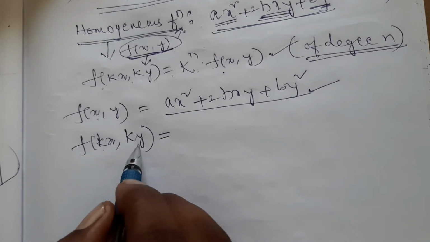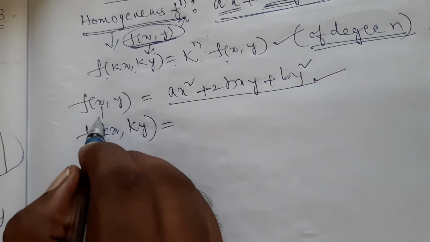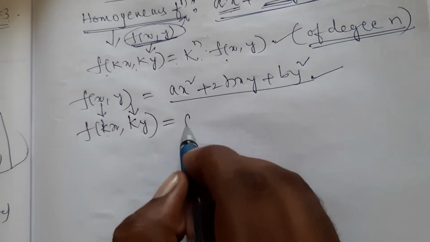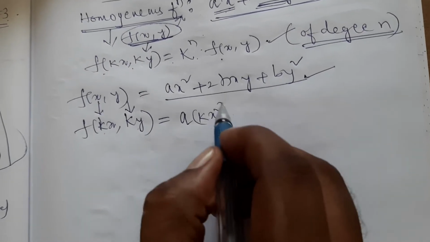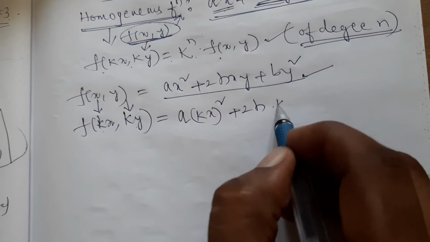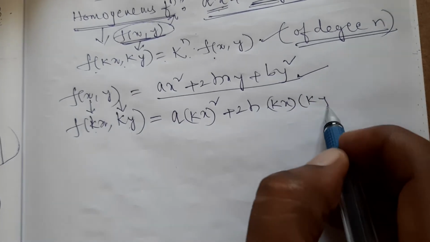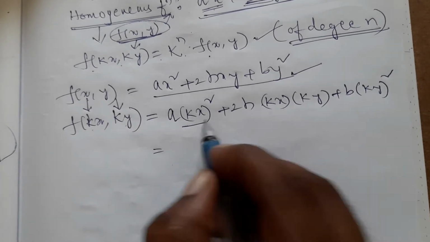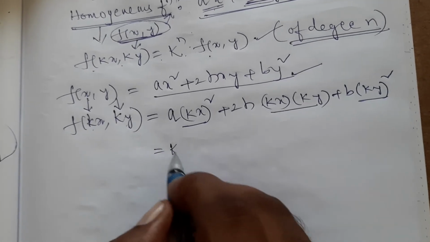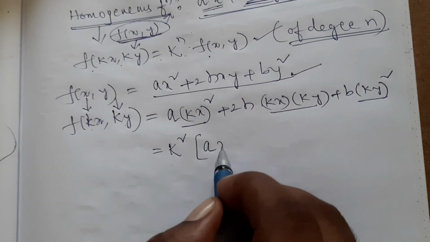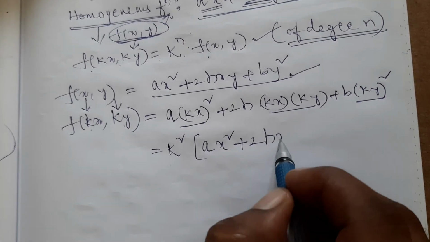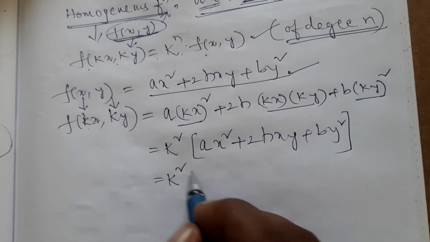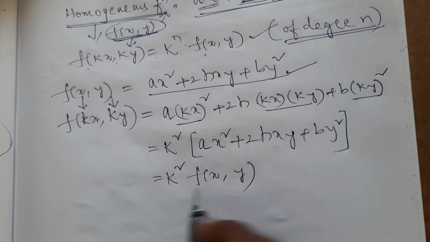F of kx comma ky means wherever the x value is there, replace it with kx, and wherever y is there, replace it with ky. Then we get a into kx whole square plus 2h into kx into ky plus b into ky whole square. In all these terms I can take k square common. Then we get ax square plus 2hxy plus by square, which means k square into f of x comma y.